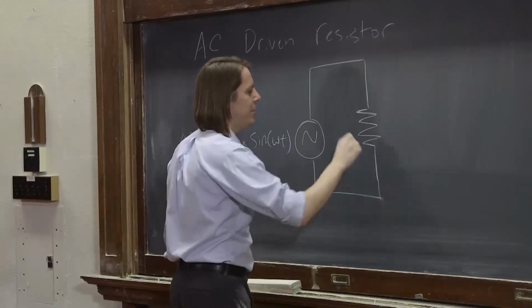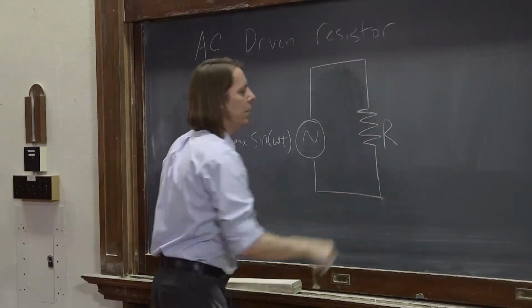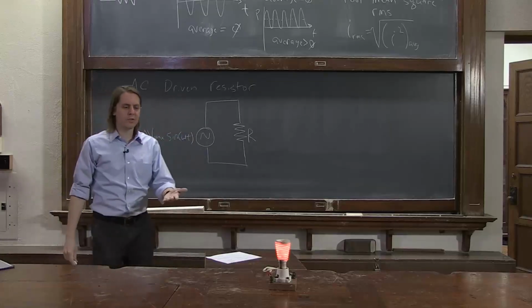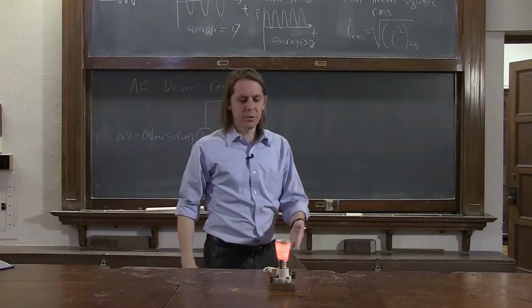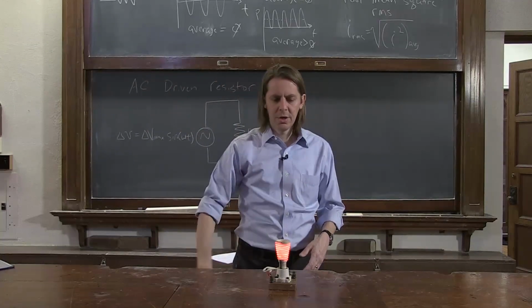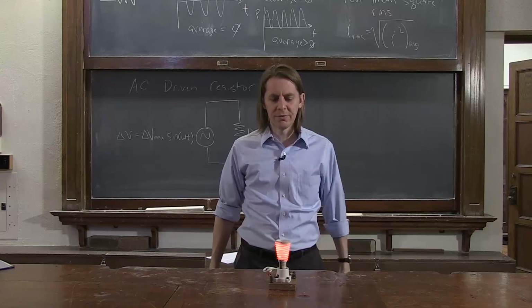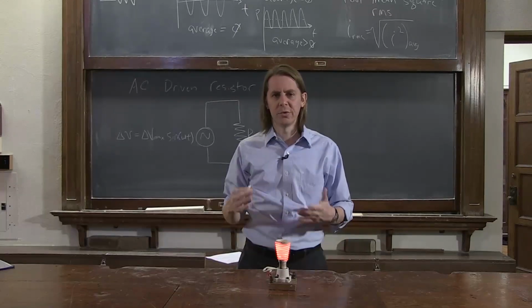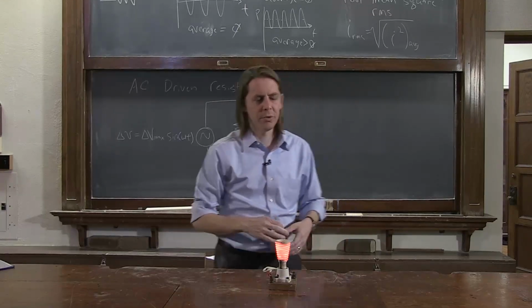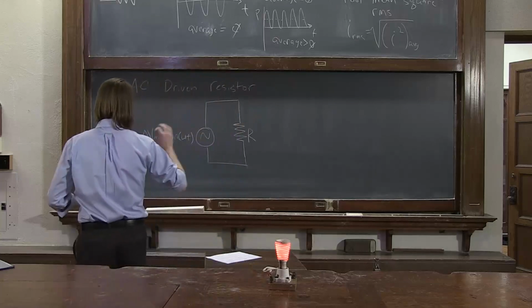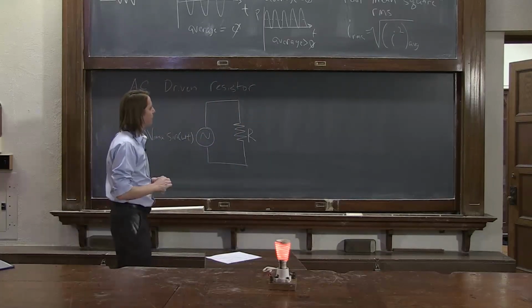So the resistor is simply being driven by an AC power supply, which is exactly what we have here. So here we have the wall applying an oscillating delta V at about 60 hertz, 115 volts to the nichrome wire, which is just a resistor. Current's flowing back and forth, voltage is oscillating back and forth, the potential difference.